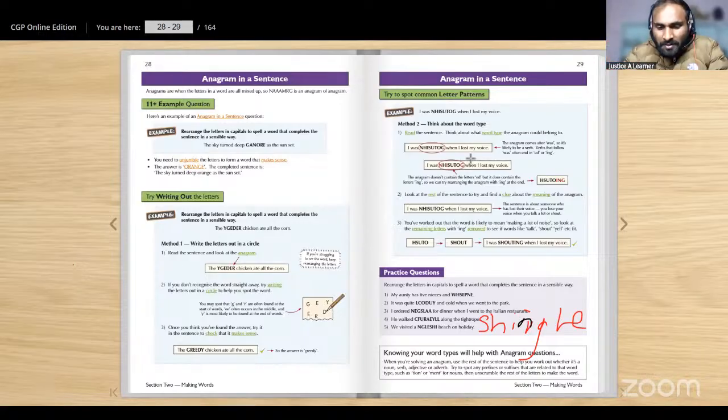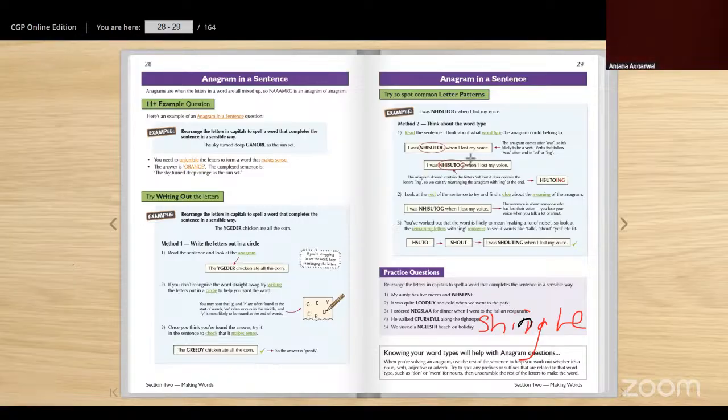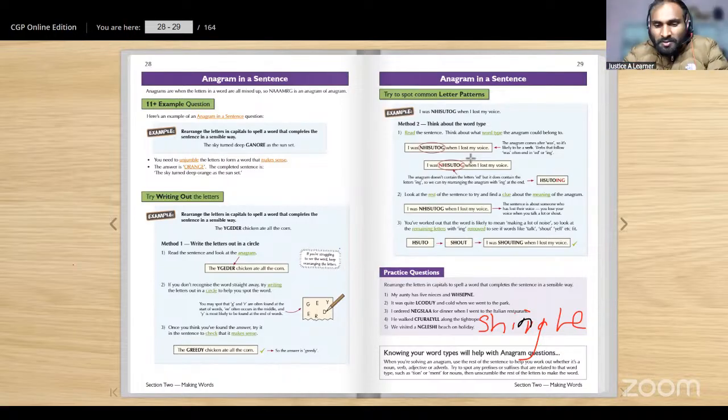Shingle may also mean a place having small pieces of stone lying on the shore, making a sound. So that place he has visited. Yeah, so that is shingle. Okay, all right.